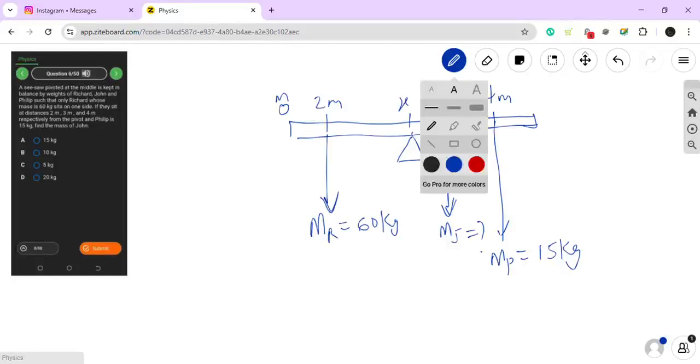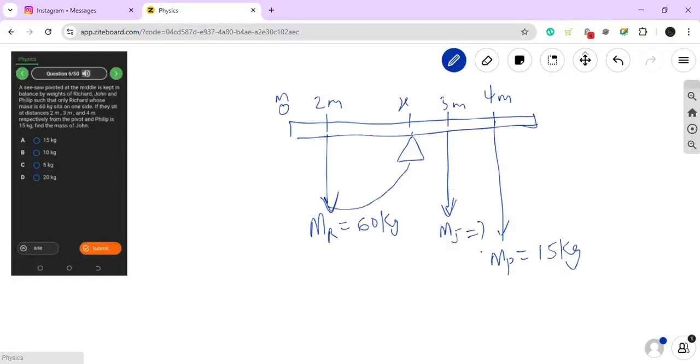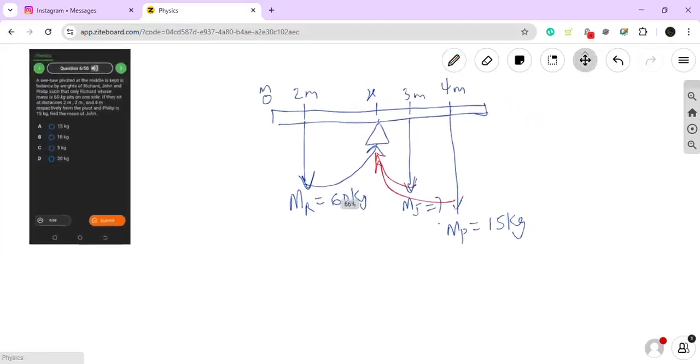So I want to take my moment, taking moment about the pivot. Meaning I'm going this way. We don't know it, so let me just agree that it is X. All right, so now don't forget how we used to pick it.